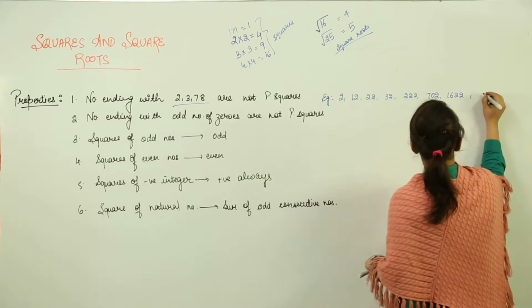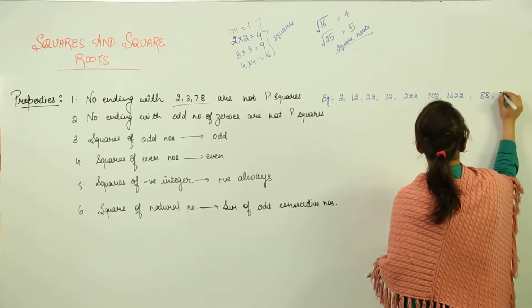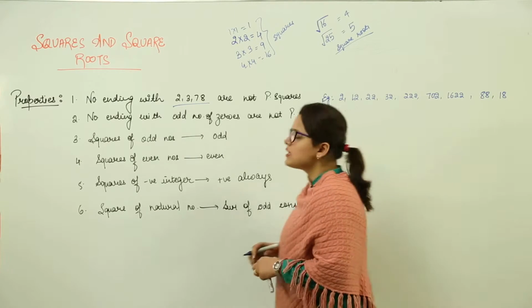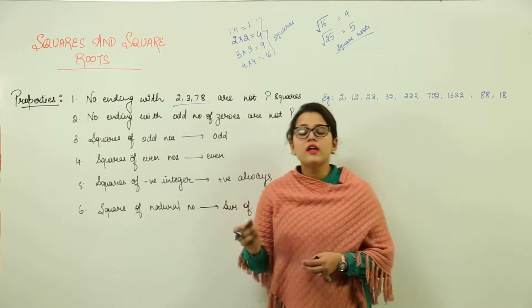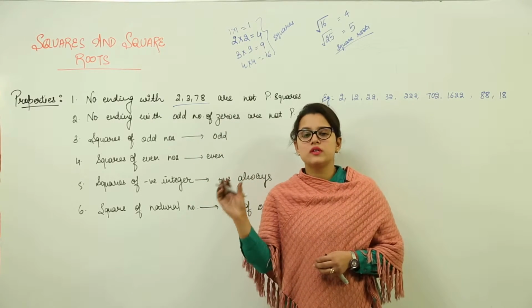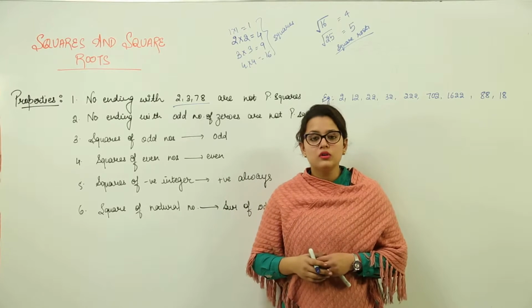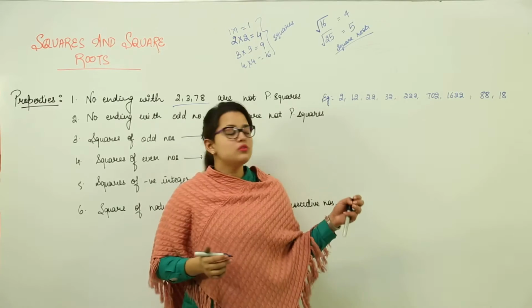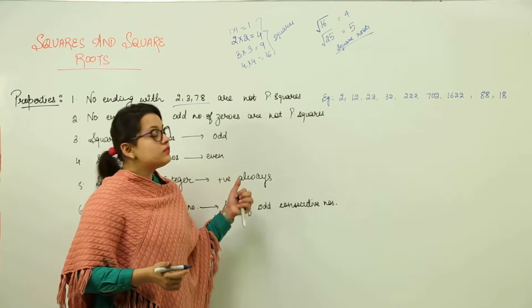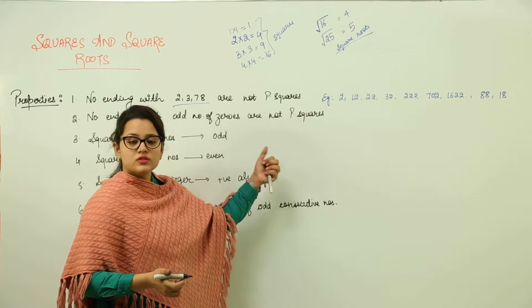Let us take 88 or 18. All of these are not perfect squares. So once you are given a question, to identify whether the given number is a perfect square or not, you can use these properties directly and check for yourself.